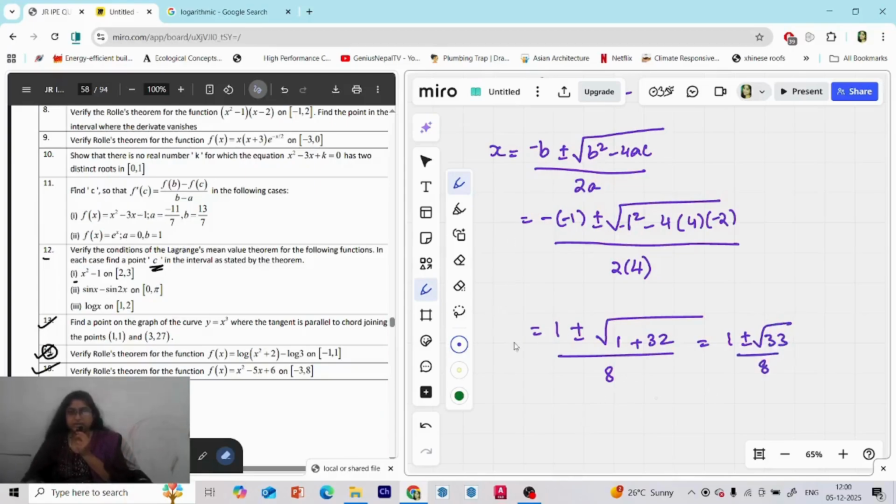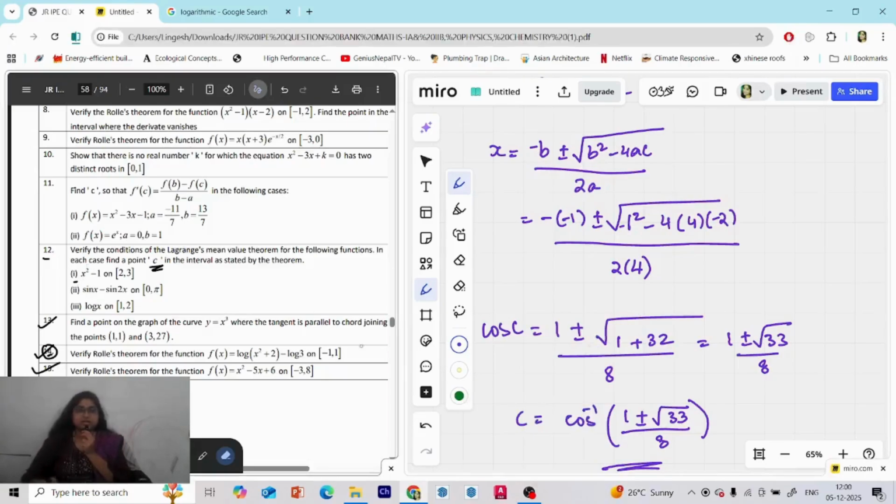And x place లో cos c, so c is equal to cos inverse of 1 plus or minus under root 33 by 8. This is our answer. Okay, that's it. Alright, let's try to do the next question.